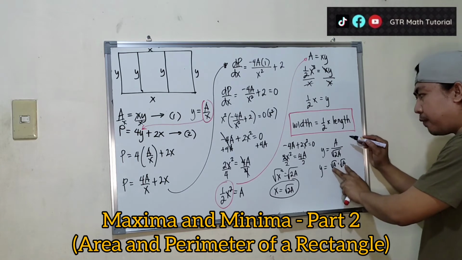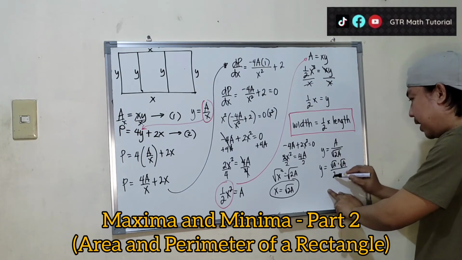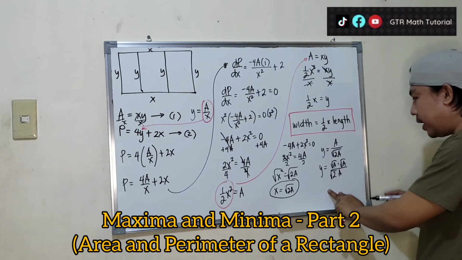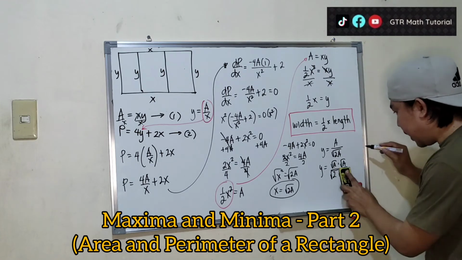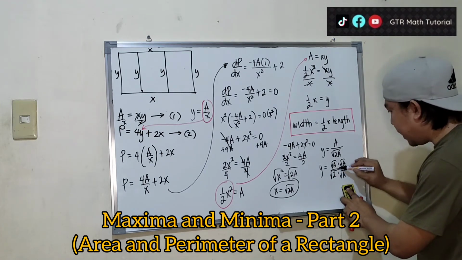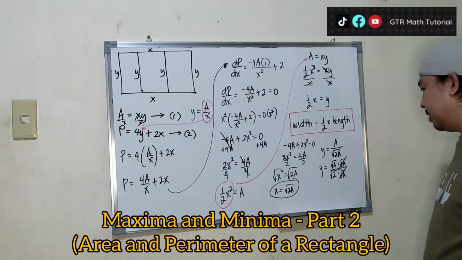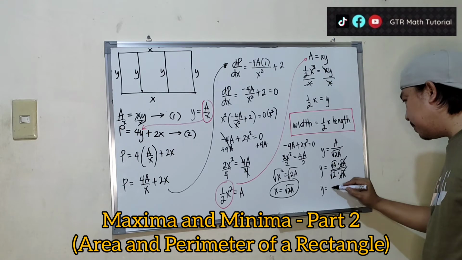Square root of a times square root of a is a. Then the square root of 2a can be written as square root of 2 times square root of a. So we can cancel a. So that is the equation. So we have y equals square root of a over 2.